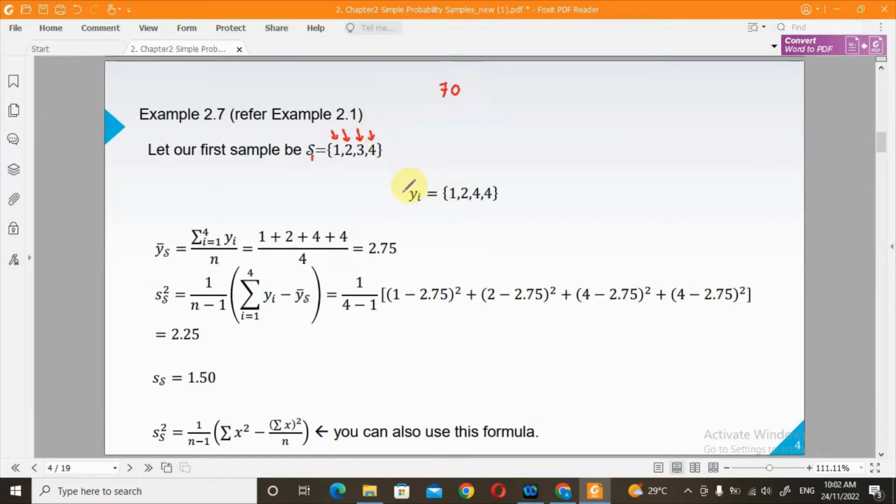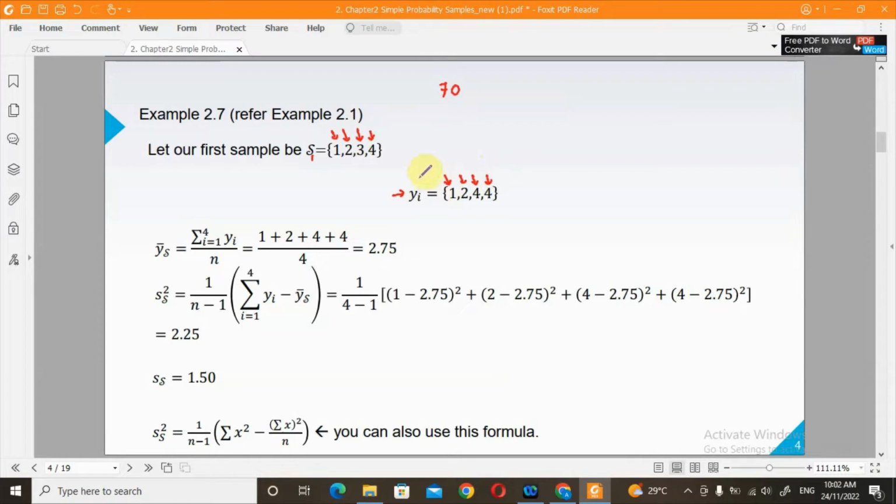The y values are 1, 2, 4, 4. Respondent number 1 has a y value of 1, respondent number 2 has a y value of 2, respondent number 3 has a y value of 4, and respondent number 4 has a y value of 4.